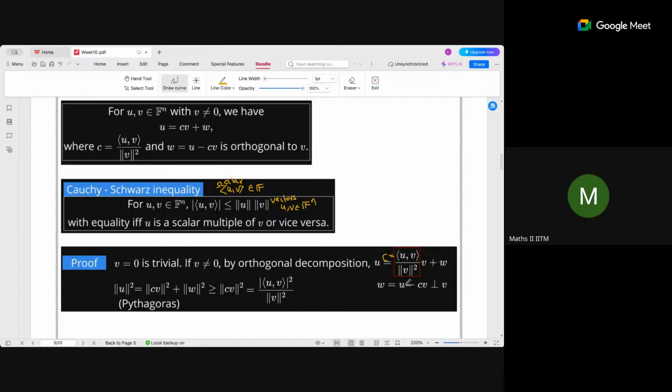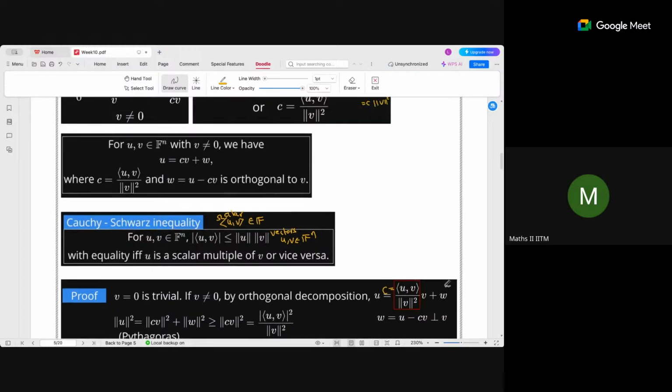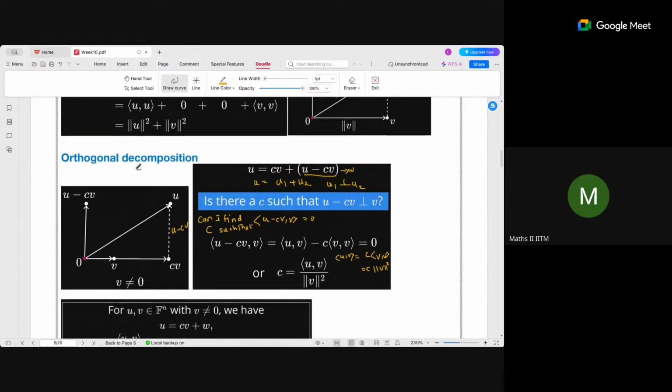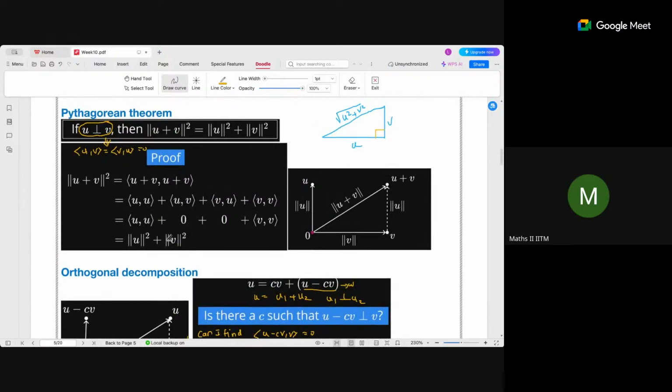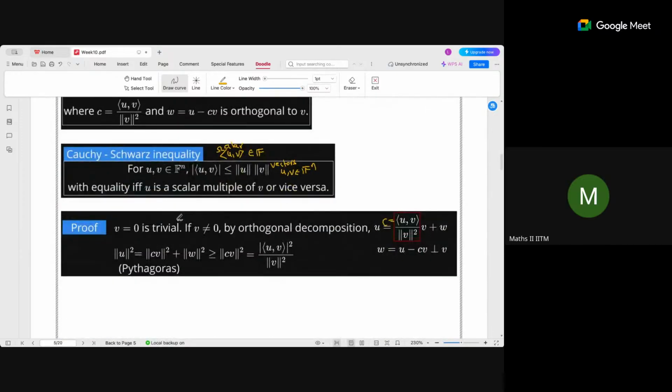If W and v are perpendicular, you can apply the Pythagoras theorem. So norm u square is equal to norm Cv square plus norm W square, because here v and W are orthogonal. Is this part clear?